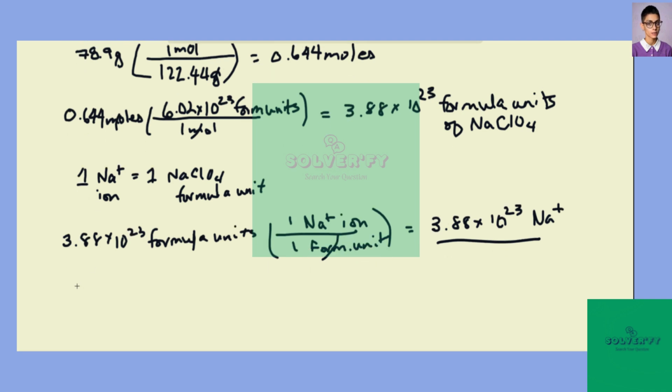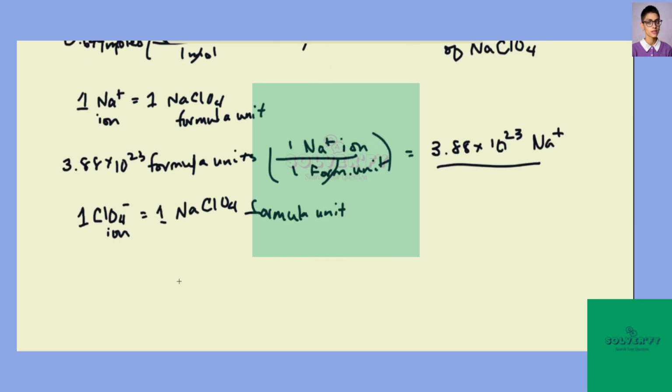Similarly, for every formula unit, I have 1 perchlorate ion. So I should also have 3.88 times 10 to the 23rd perchlorate ions for the same quantity of formula units.